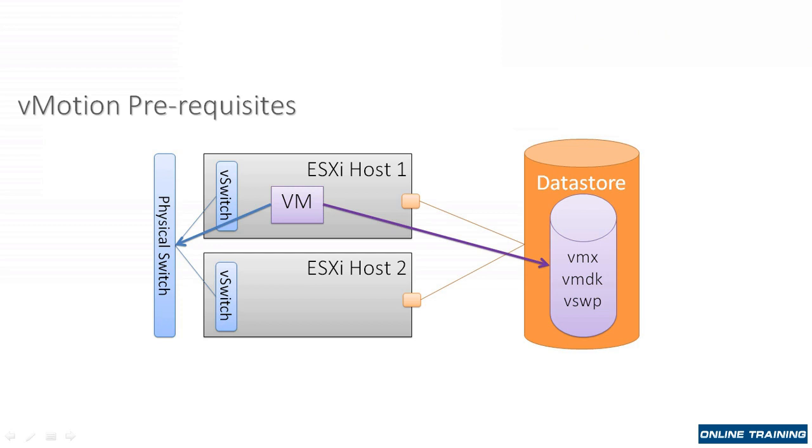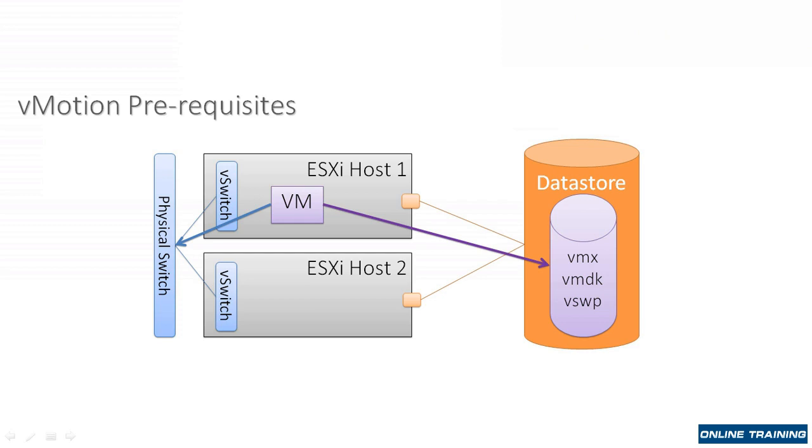This virtual machine also has a set of files that we see on the right-hand side on our data store. And if we're going to take this virtual machine and move it to a different ESXi host, it must still be able to access those files. We cannot have our virtual machine losing access to its files because one of those files is a VMDK.